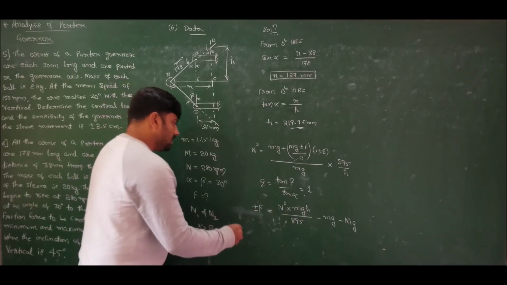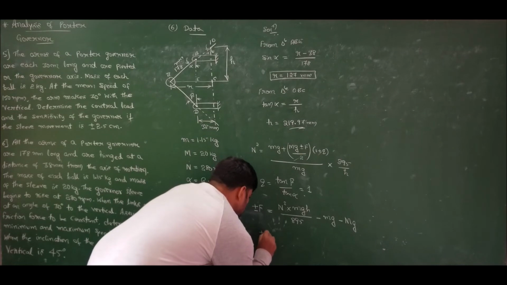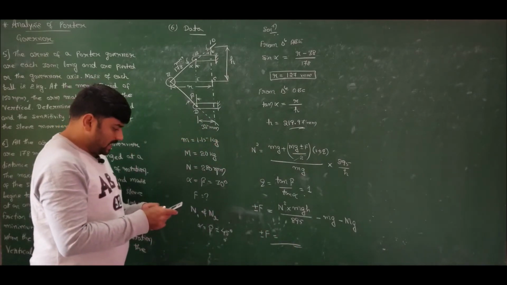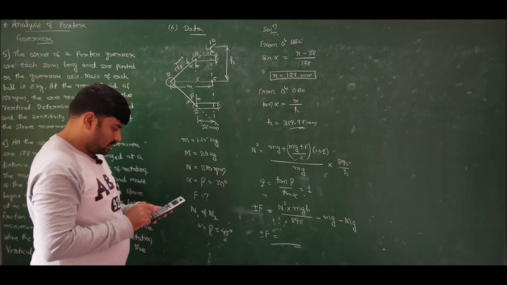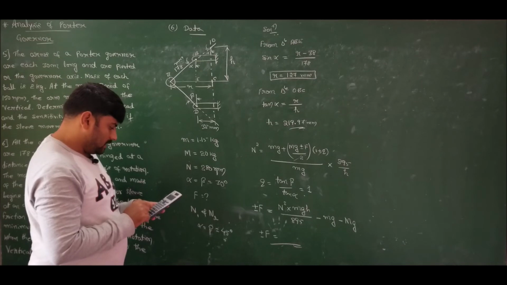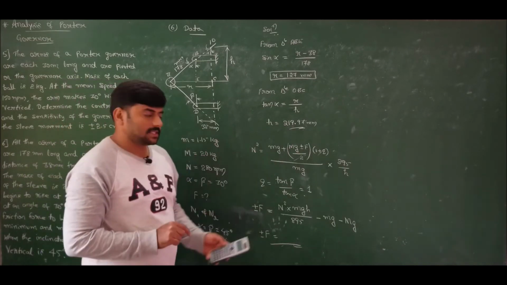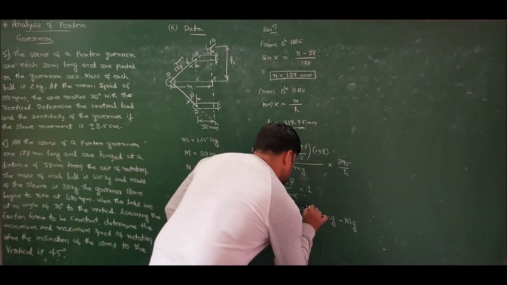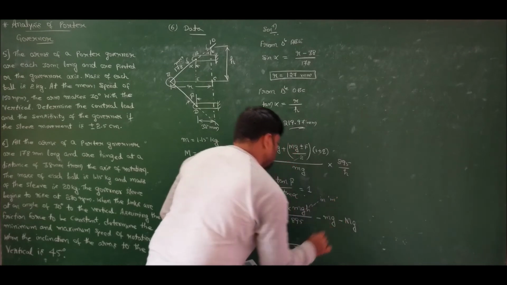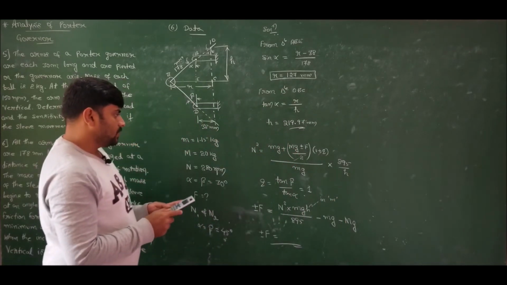Correct. Now if I solve, I will get the frictional force plus or minus F as N square is 280 square into m, mass of the ball is 1.15, g is 9.81 into h. H should be in meters, so substitute H in meters.